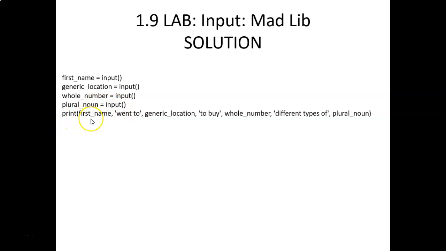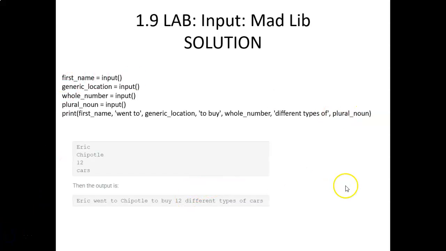And then we're going to put it all together: first name went to generic location to buy whole number different types of plural noun. You can pause the video to look at this carefully, but you'll see how this code lines up with this input, and it will give you this output.